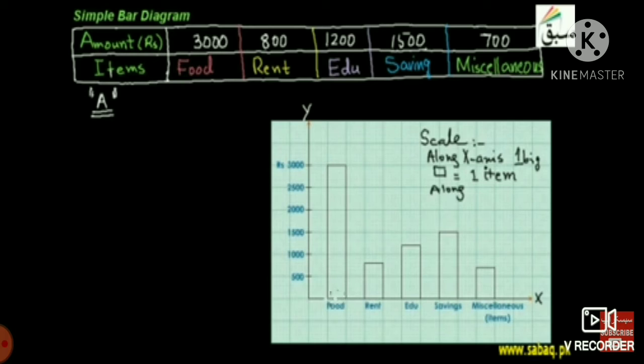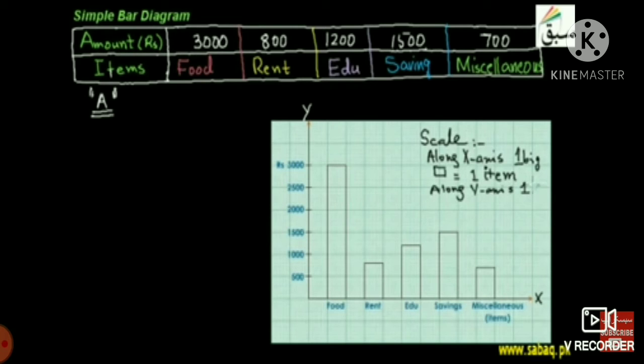Just observe, the unit of the distance I told you: between food and rent one unit, between rent and education one unit, between education and savings one unit. The distance you have taken should be equal to each other.